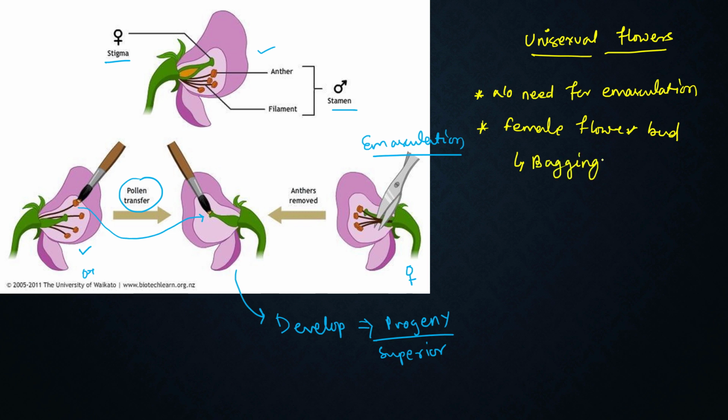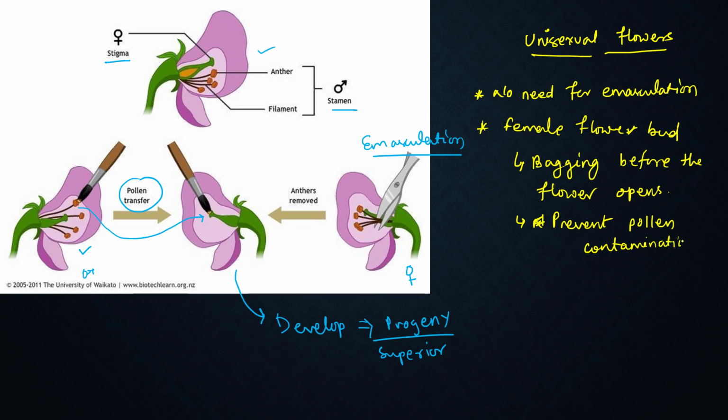The bagging is performed before the flower opens. So once the flower is bagged, there is no chance. Why is it important? We can say that it is going to prevent pollen contamination.